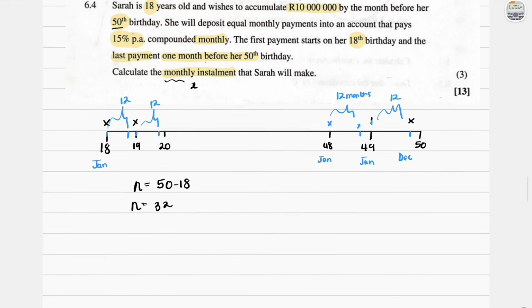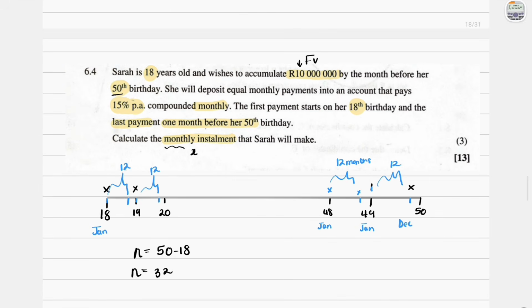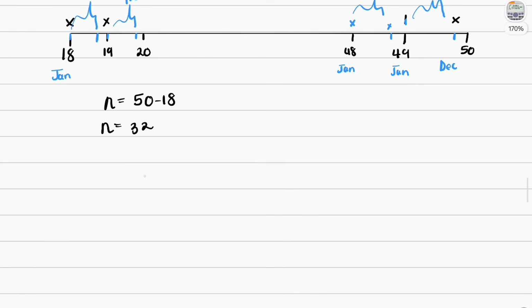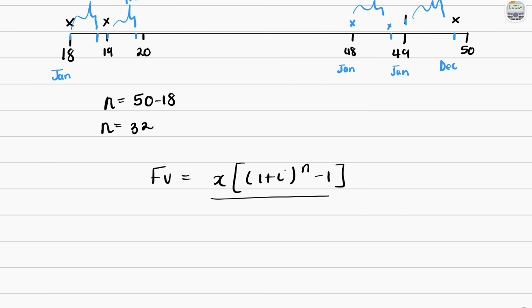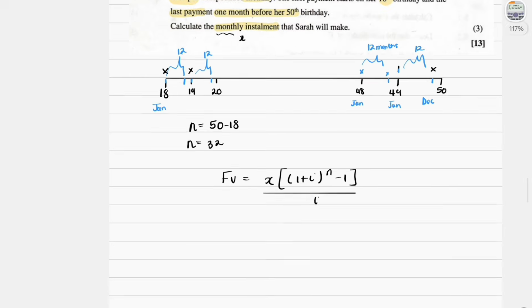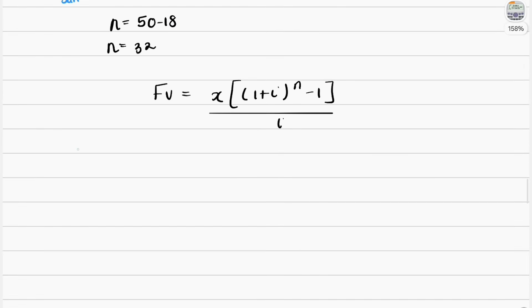And now we can find this X value, the monthly installments. So we'll put the future value formula down. Future value is equal to X multiplied by (1 plus i) raised to the power of positive n, minus 1, all over i. And so the total amount she's trying to get is 10 million. Okay, and this is equal to, we're trying to find X, and we are putting down our values here.